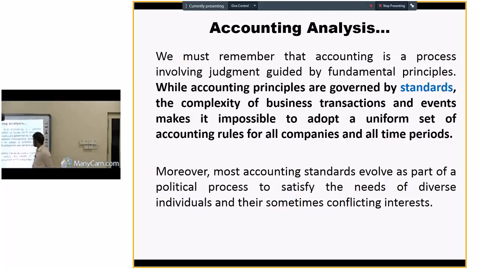Moreover, most accounting standards evolve as part of a political process to satisfy the needs of diverse individuals and their sometimes conflicting interests.